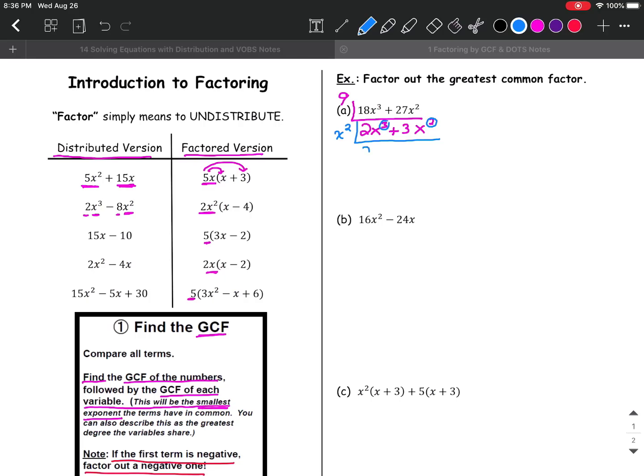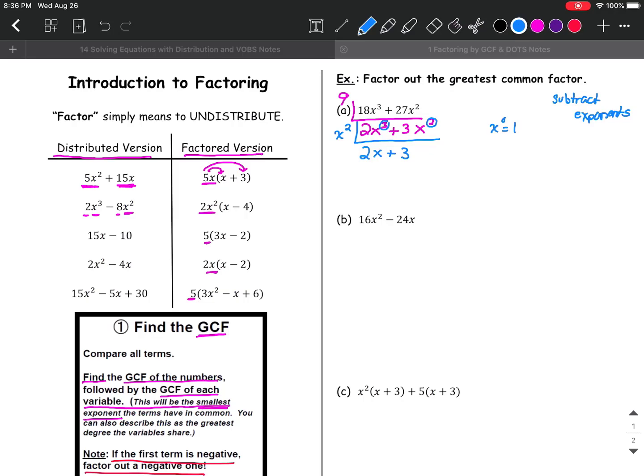Well, we keep the coefficient 2, and we subtract the exponents, right? X cubed divided by x squared, 3 minus 2 is 1, so we have x to the first. Plus, we keep that constant 3. X squared divided by x squared is 1, or 2 minus 2 is 0. Remember, x to the 0 is just 1.